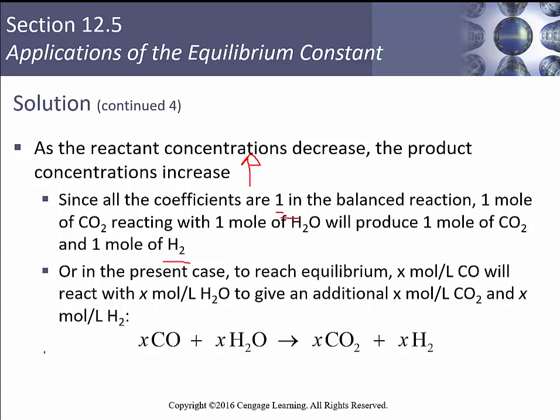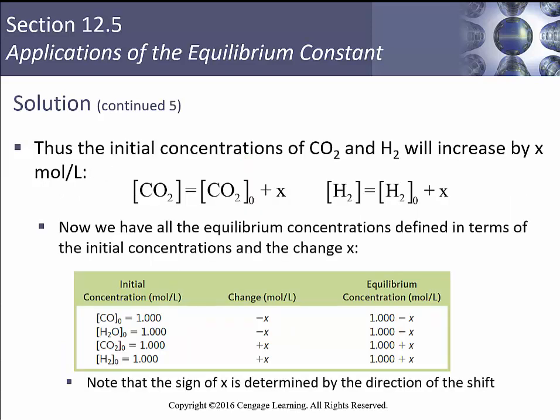So here we've got another balanced chemical equation waiting for your input. And so how are we going to balance this out? Well, the initial concentrations of the CO2 and the H2 will increase by X moles per liter. So we're going to gain some CO2 and we're going to gain some H2.